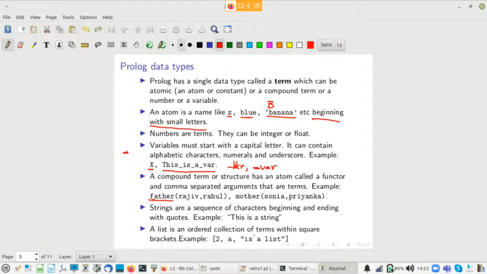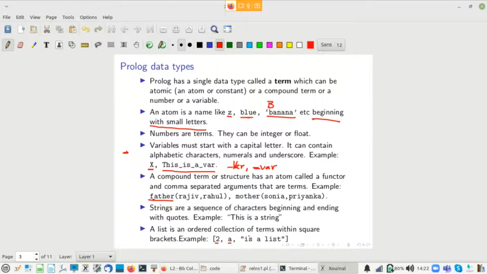A list is simply an ordered collection of terms put within square brackets. This, for example, is a list which contains the integer 2, the atom A, and a string, which is itself also an atomic thing.